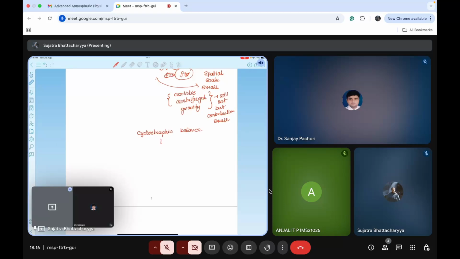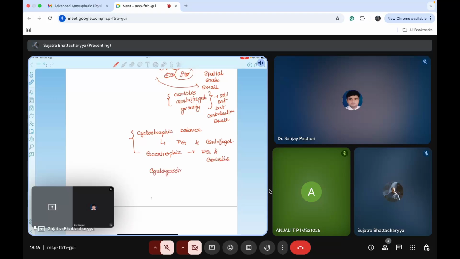Cyclostrophic balance is the balance between the pressure gradient force and the centrifugal force, right? And there is also a geostrophic balance, which we were discussing. Geostrophic balance is an equilibrium between pressure gradient force and Coriolis force. Now add these two things. Cyclostrophic plus geostrophic gives you cyclogeostrophic.